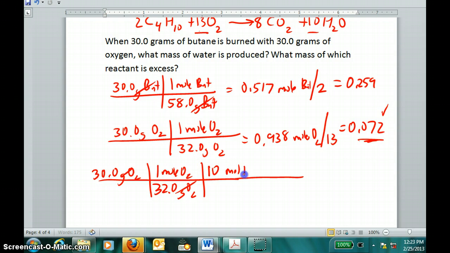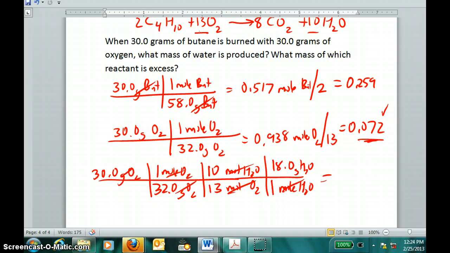That's how much product I'm going to get. But since it wants a mass, I know the molar mass of water is 18 grams per 1 mole. And I will have my answer. With 30 grams of oxygen, we're able to produce essentially 13.0 grams of water by this process, so stated.